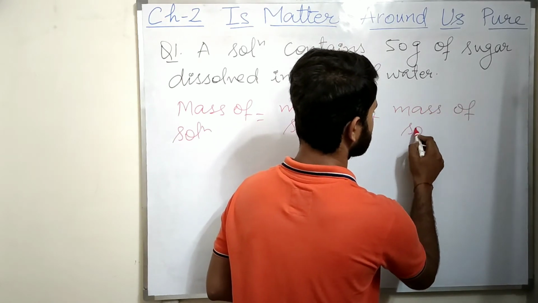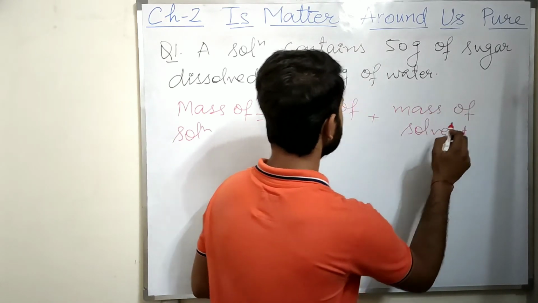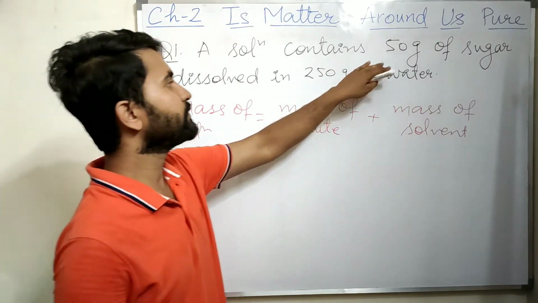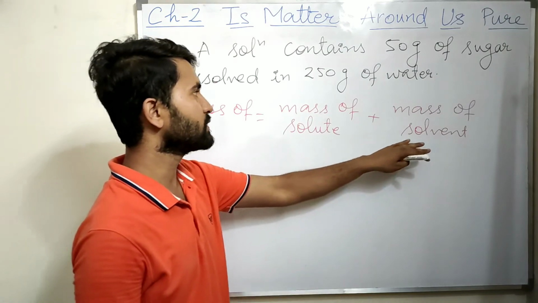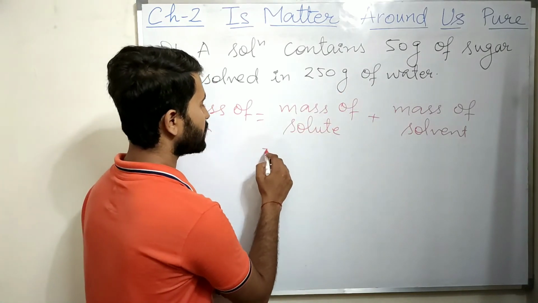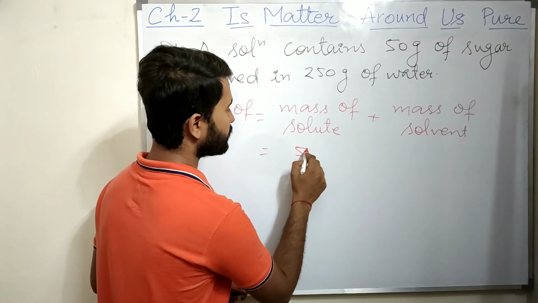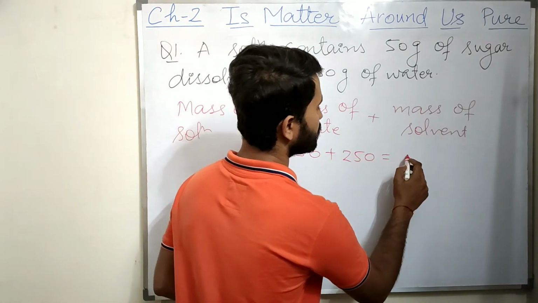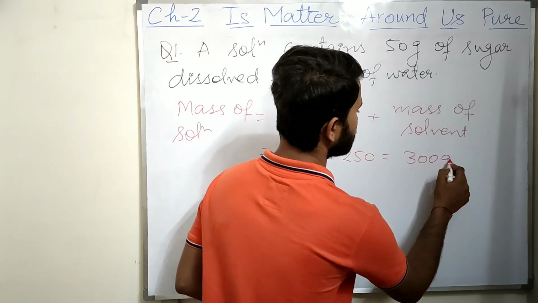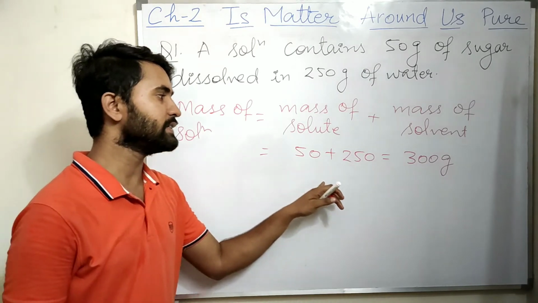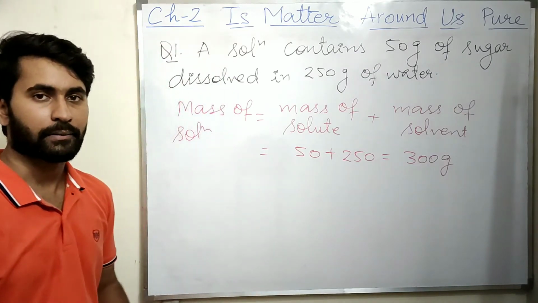So the mass of solute here is 50 grams and mass of solvent is 250 grams. So it will be equal to 50 plus 250, that will be equals to 300 grams. So the mass of solution is 300 grams.